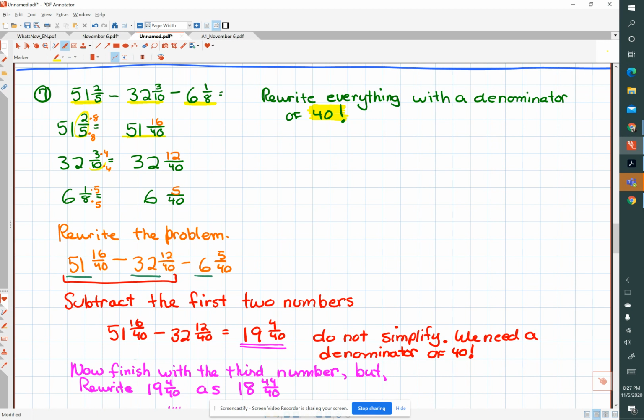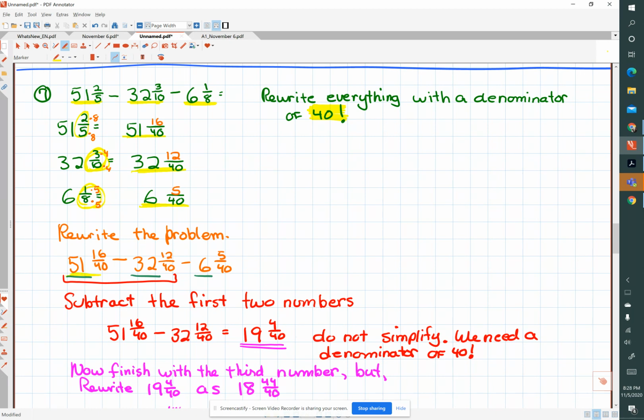When we rewrite 3/10 into 40ths, we multiply by 4, and our new number is 32 and 12/40. And when we rewrite 1/8 as 40ths, we multiply by 5, and we have a final number here of 6 and 5/40.